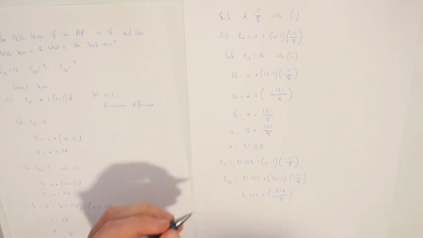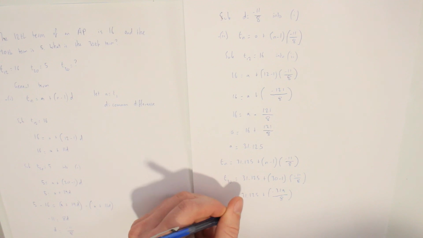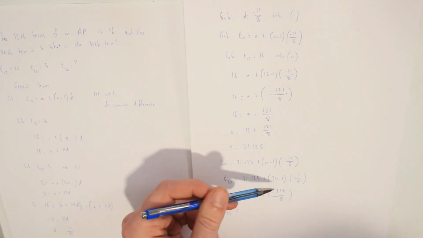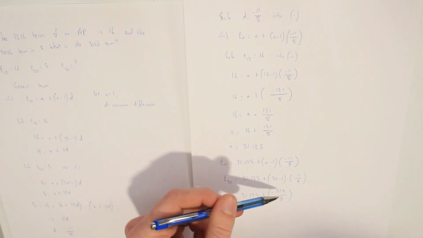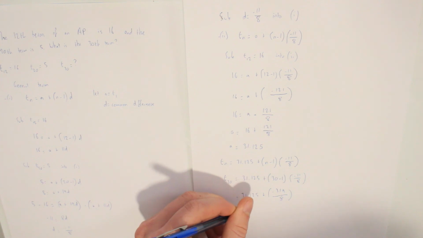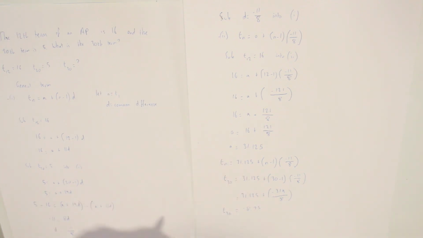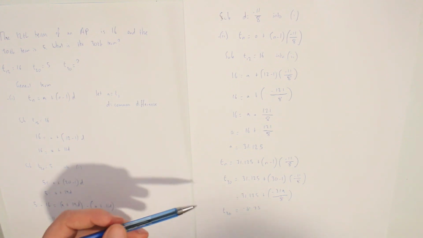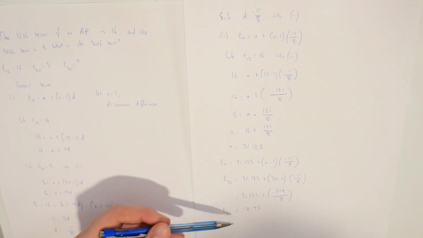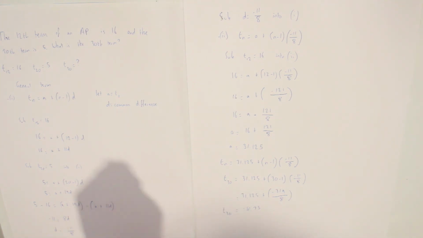So we will get T30 equals 31.125 plus negative 319 divided by 8, which comes out to negative 8.75. Try it for yourself. If you get an answer of T30, or a 30th term, equals negative 8.75, then you've done it correctly.